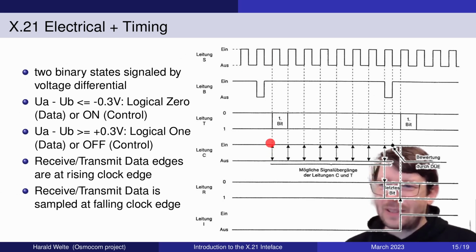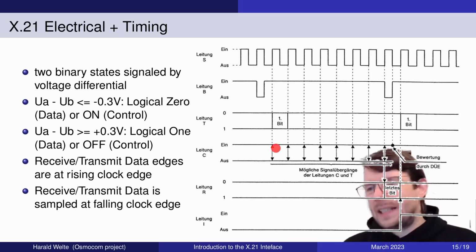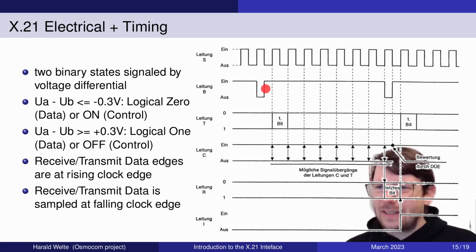Basically the transmitter changes the polarity if needed, and the receiver then samples at the center of each bit, as indicated in this example. So the signal changes at the rising slope, and the signal is sampled at the falling slope of the clock.